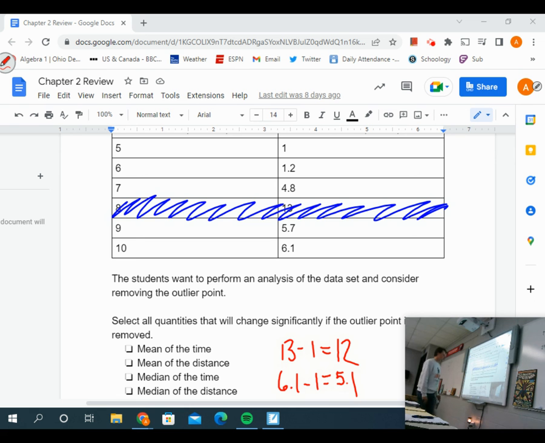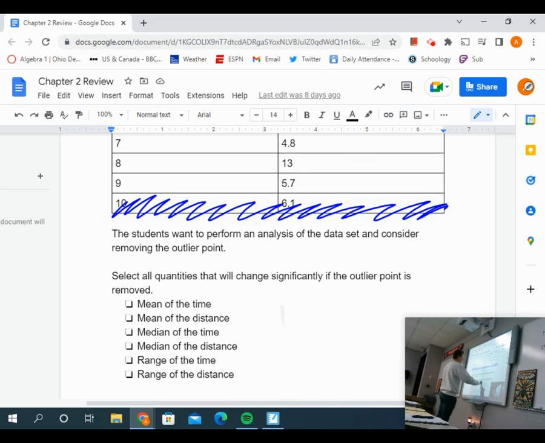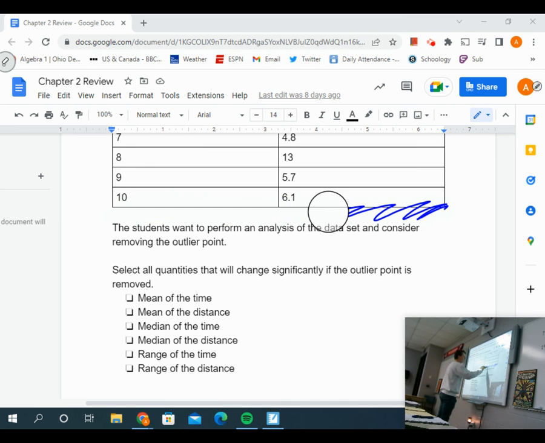Did that change significantly? Yes, it did. By removing the outlier point, the range of the distance changed from 12 down to 5.1. So I would conclude that the range of the distance does change significantly. You go through the other ones with the same process.